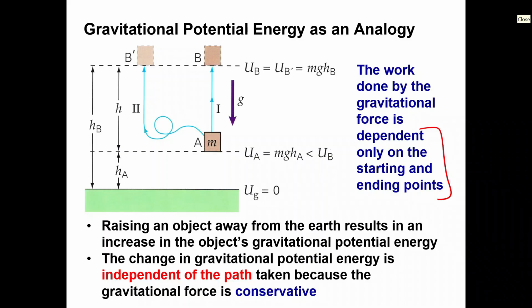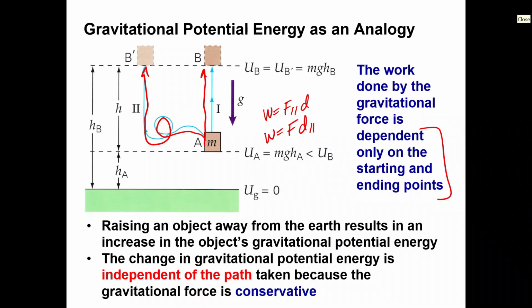So if you were to lift an object, say this mass M, this box, from point A to point B, and you would go direct, there would be some amount of work that would be required to be done. And if I was to then take this wibbly wobbly path over here and also lift the object to B, but in a slightly different situation, the work done is actually the same in both cases because work is based on the component of the force that's parallel to the displacement, or the force times the displacement that's parallel to the force, which is actually the easier way to look at this.